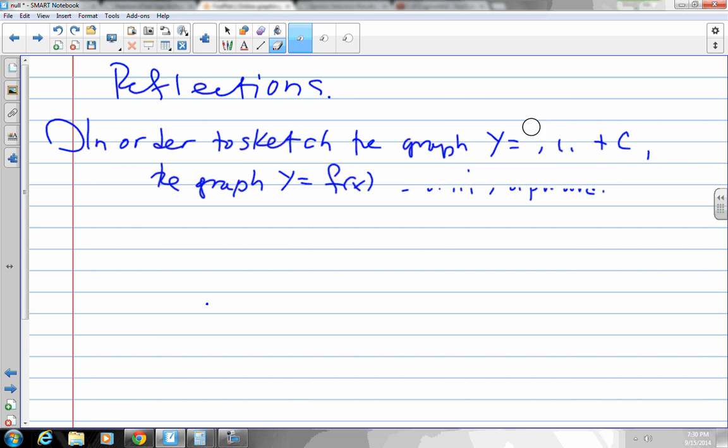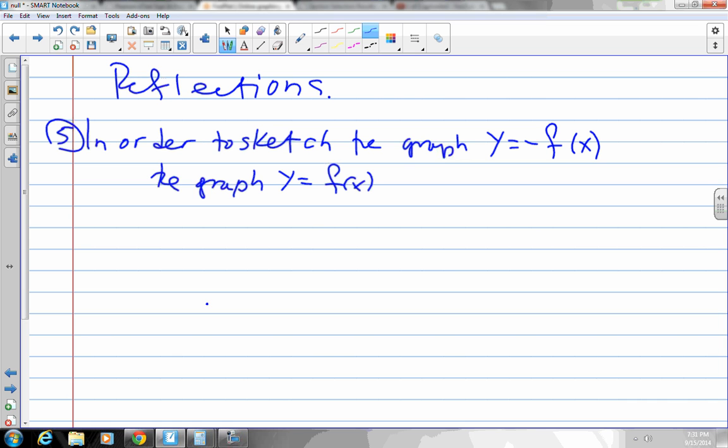So this is number 5. Now what I'm trying to sketch is negative f of x. So I'm putting a negative in front of the whole function.